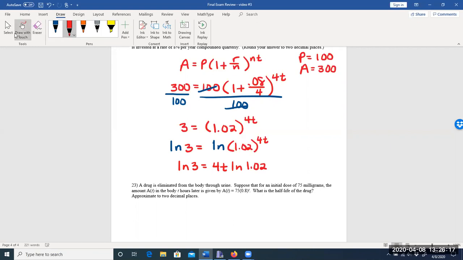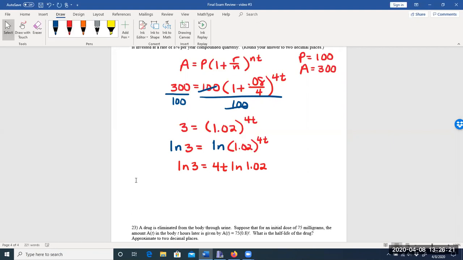And then to finish and solve for t, I'm going to divide both sides by 4, as well as the natural log of 1.02. Because then on the right-hand side, I would just have t, and that's it.